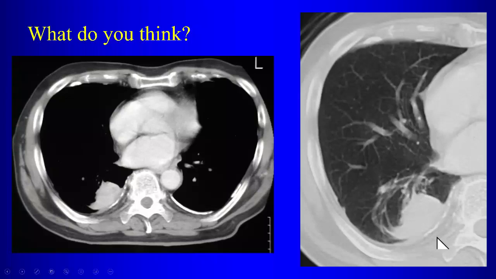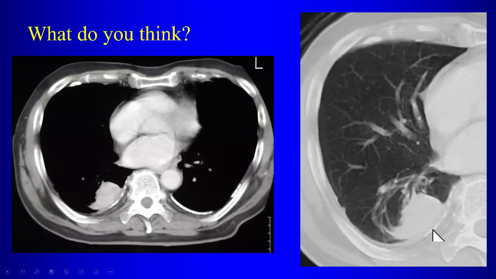Pleural abnormality, right? So usually it's pleural based, but there's a pleural abnormality here, right? So in this case, what's the underlying cause? Not asbestosis, but what do you call this? Asbestos-related pleural disease, right? From asbestos exposure.